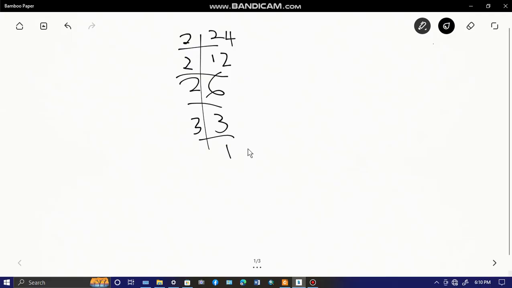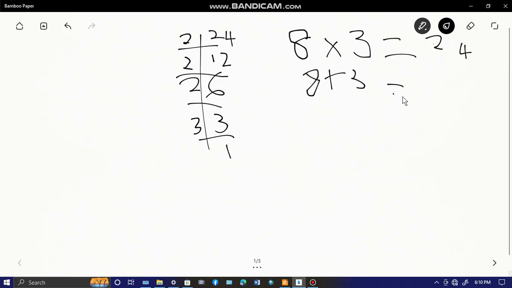Now, let's try 2 times 2 times 2. That will give us 8. Then times 3. This one gives us 24. But when we add 8 plus 3, it will give us 11. It does not qualify. We want the numbers to give us a 10 when we add them.